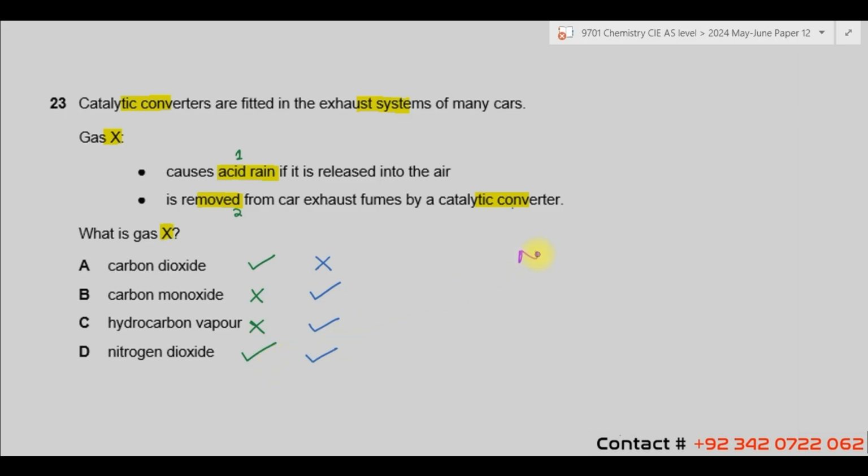At high temperature, it first converts into nitrogen monoxide and oxygen gas. This nitrogen monoxide can react with carbon monoxide in the catalytic converter to form N2 and CO2. This is how it is removed. So the correct option is D.